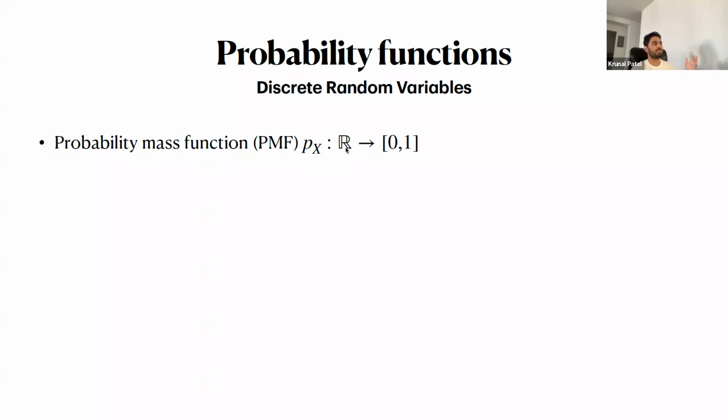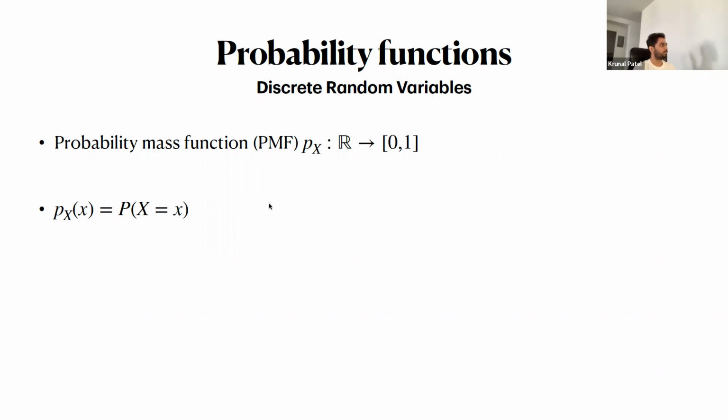It will map the range of that function to some probability, which is between 0 and 1, right? So for a particular number, small x, which is a real number, the probability of the random variable taking the value x is given by this p function, the probability mass function. This is for the discrete random variables.